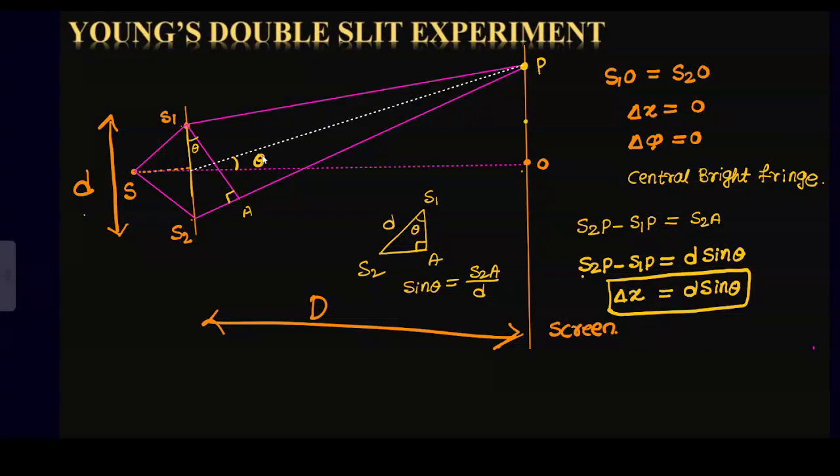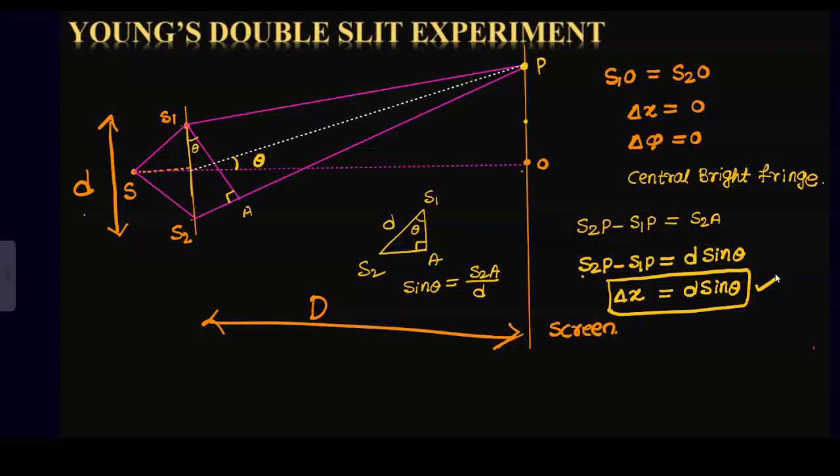So who decides this? Path difference will decide. What is the condition for constructive interference? Path difference is n lambda. And for destructive interference it is (2n minus 1) times lambda by 2.